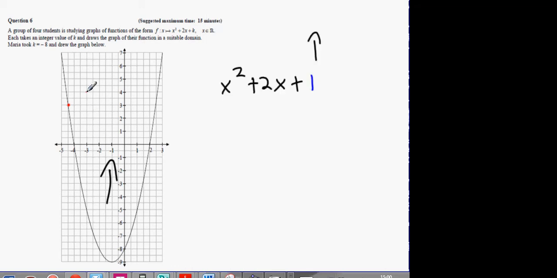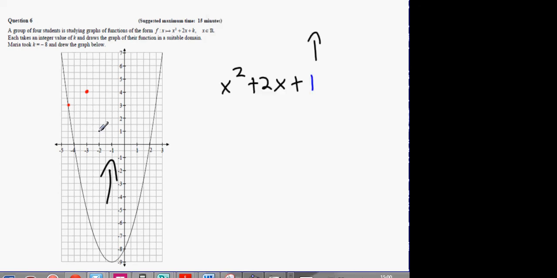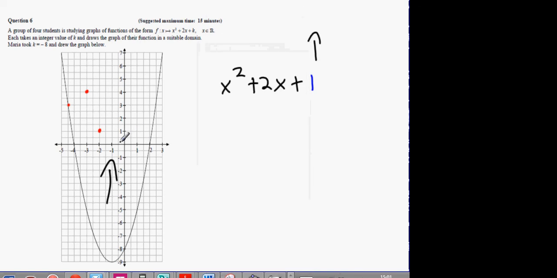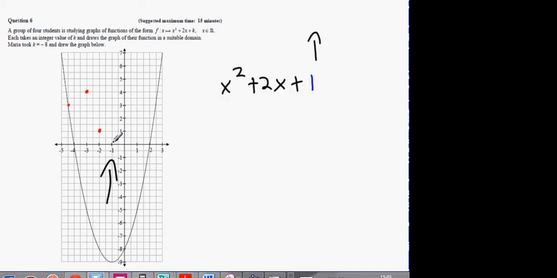What's the next one? Minus 2, 1. And then the next one is minus 1, 0. Then 0, 1.